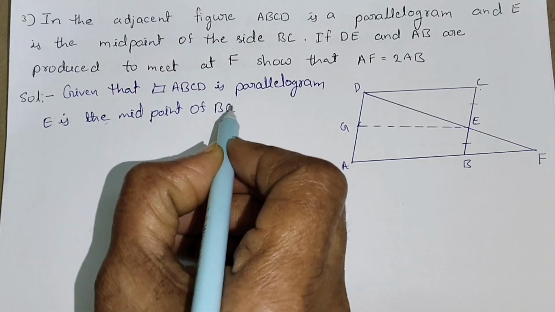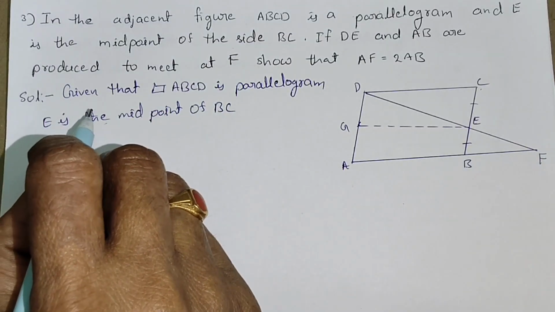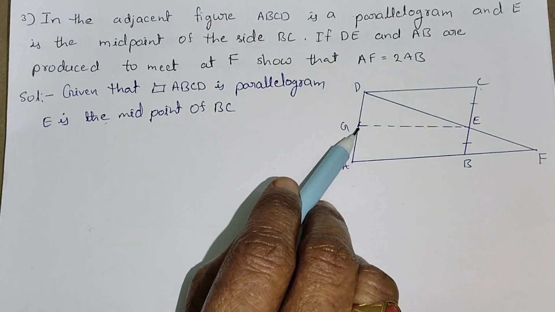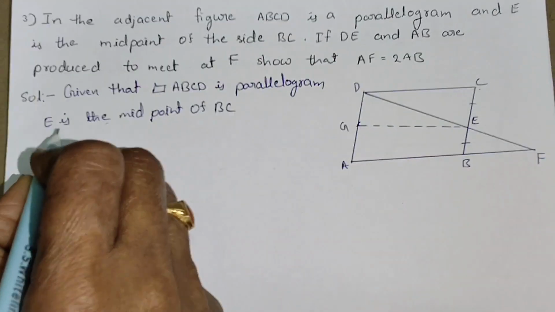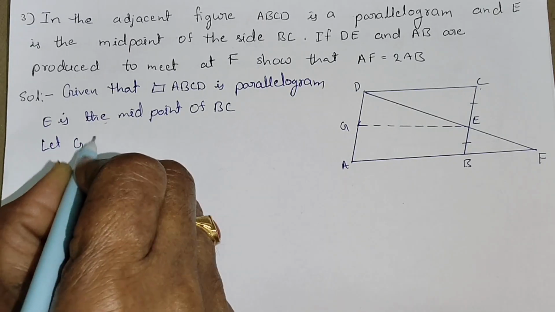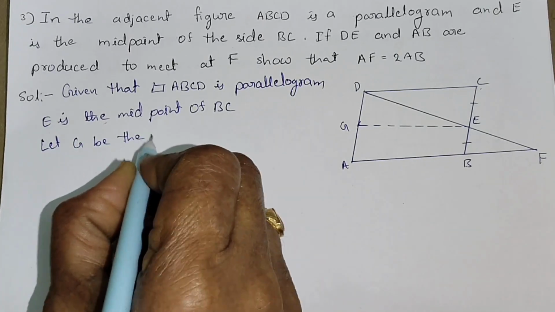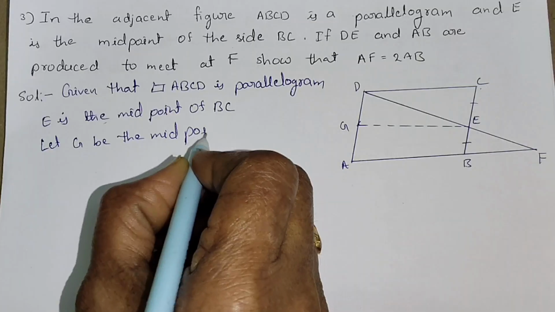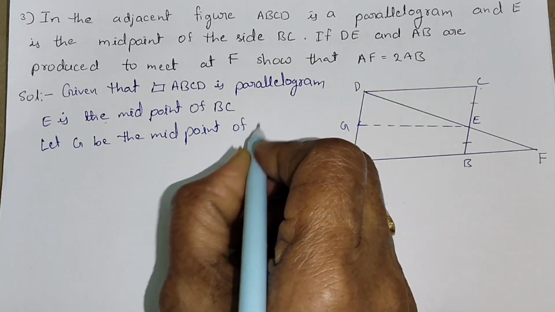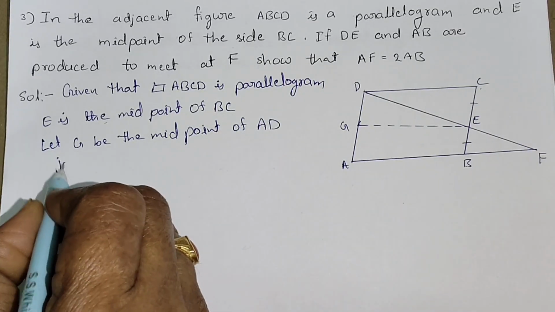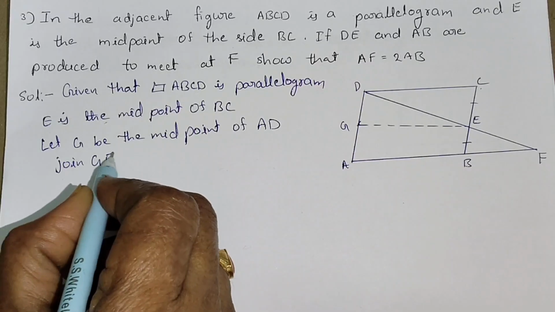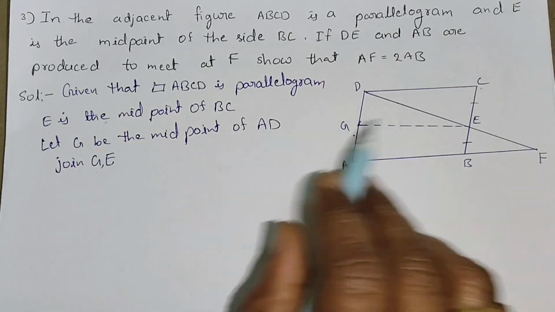So let G be the midpoint of AD. So join G comma E.